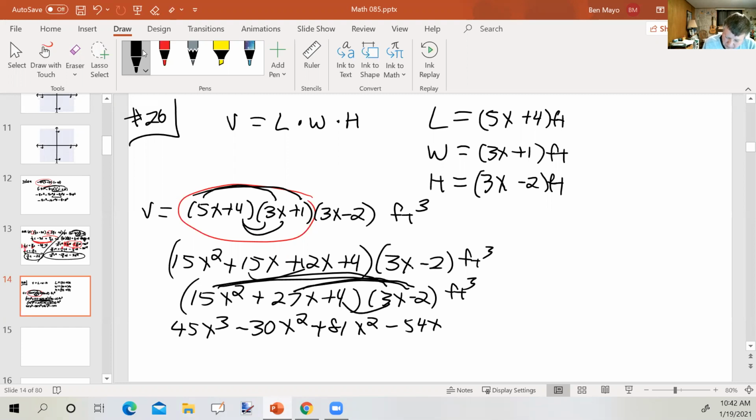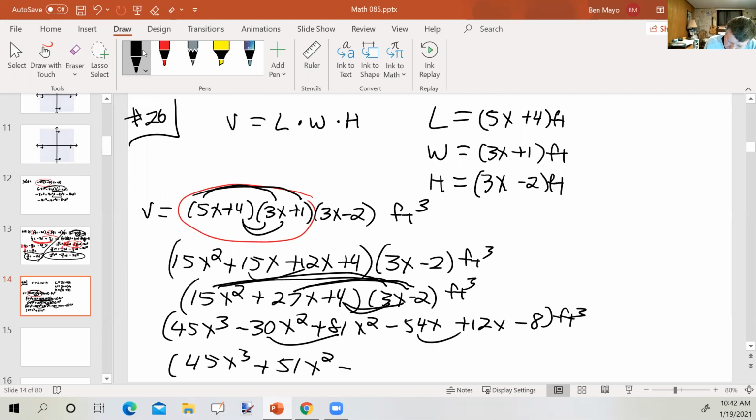And then 4 times 3x is 12x, 4 times negative 2 is minus 8. So I've got all of that, cubic feet. Combining like terms, we get 45x cubed plus 51x squared minus 42x minus 8. I think I've done something wrong here.